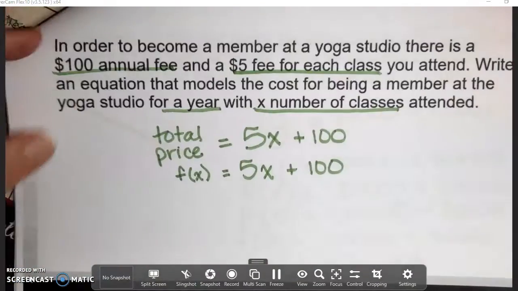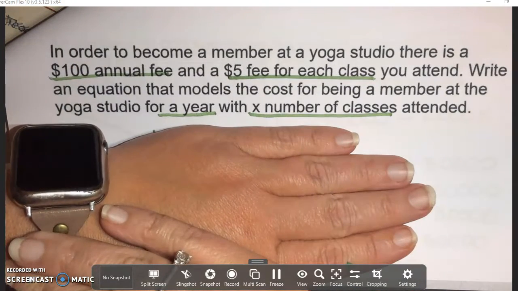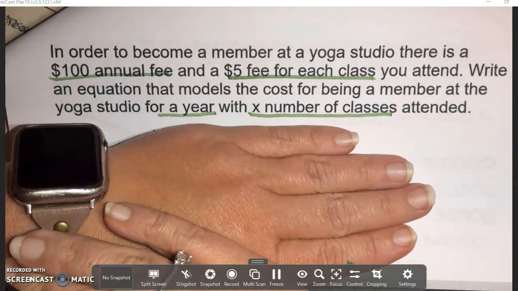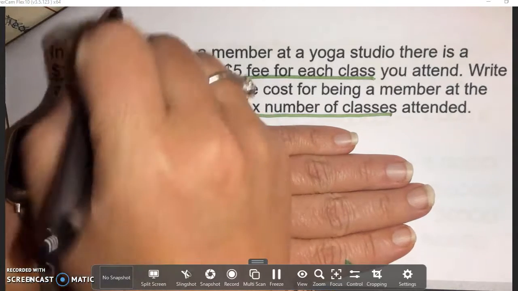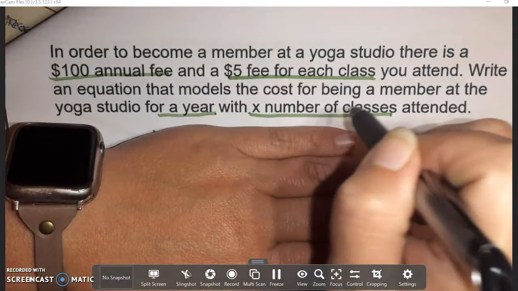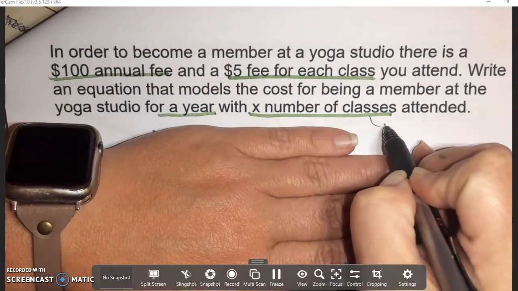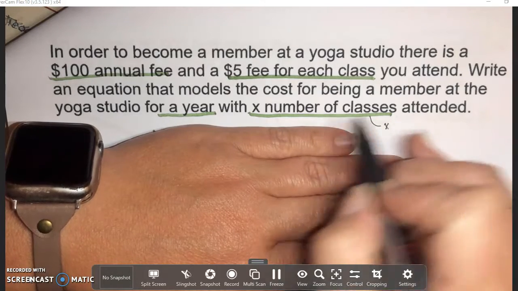In order to become a member at a yoga studio, there is a $100 annual fee and a $5 fee for each class that you attend. We want an equation that models the cost for being a member at the yoga studio for a year. So we're only going to have one of these annual fees with x number of classes. Well, there they tell us the x, the number of classes. How much does each class cost?